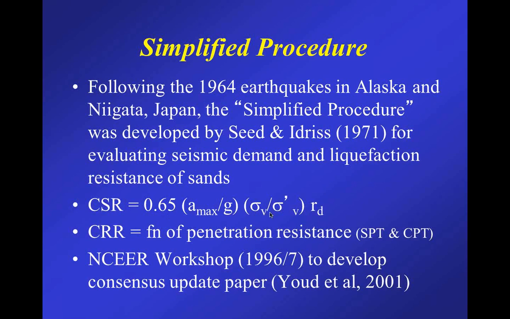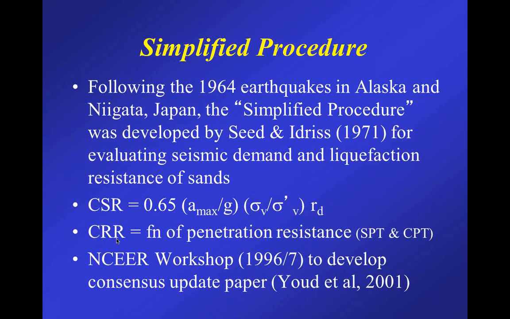And then it's a function of the total to vertical effective stress, and then right at the end there's a stress reduction factor, recognizing that as you go deeper, this cyclic stress ratio tends to decrease as you go deeper into the ground.